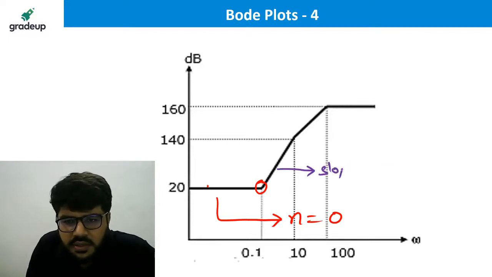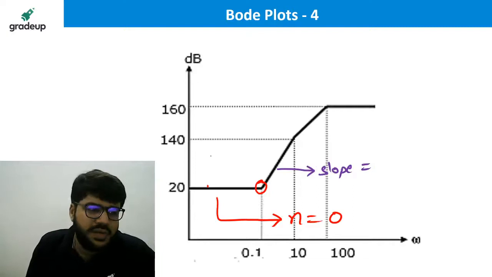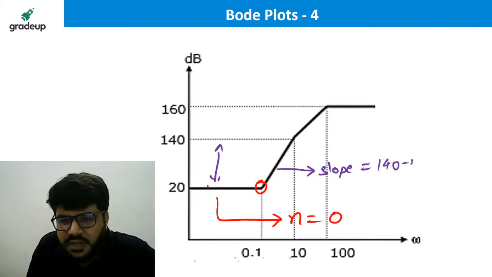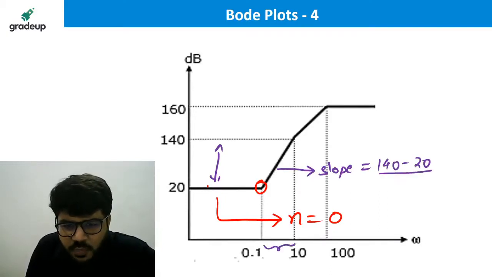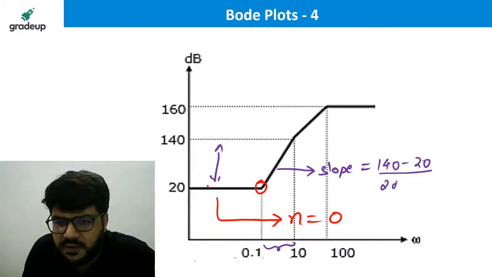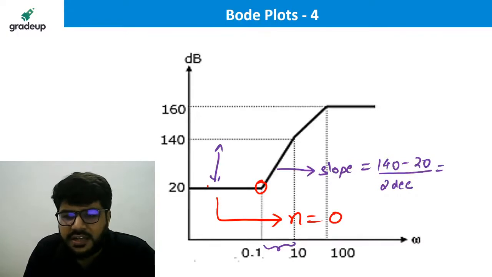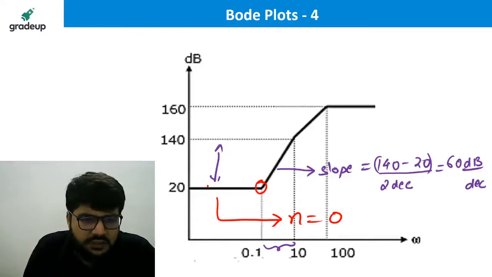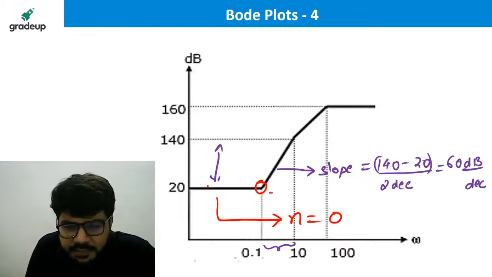The difference of the magnitude is 140 minus 20, divided by the frequency change, which is 0.1 to 1 and 1 to 10, so 2 decades. That is 120 by 2, which is 60 dB per decade.